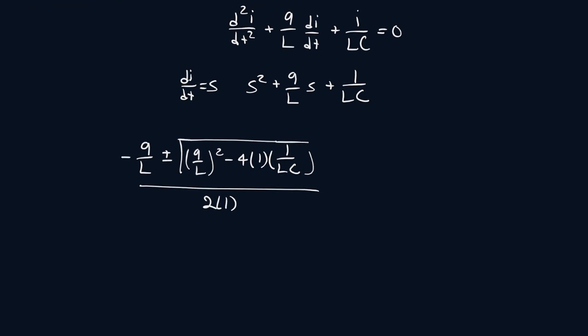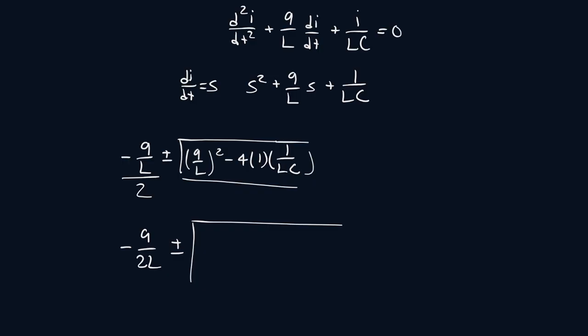Alright, now we can break this up like this. So this region just becomes minus 9 over 2L plus or minus. If we were to instead do the square root of 4, which is still 2, we can put this inside this. So it'll be the following: 9 over L squared minus 4, 1 over LC, all over 4.